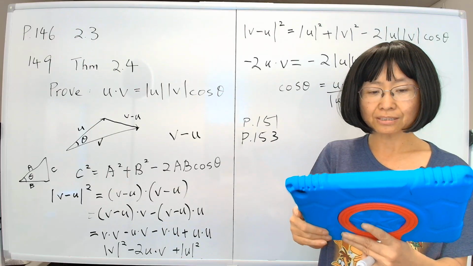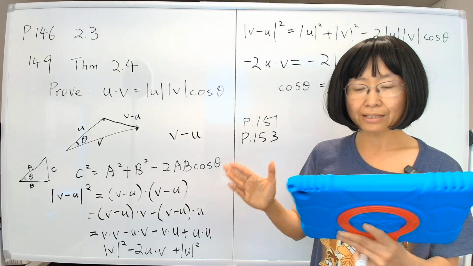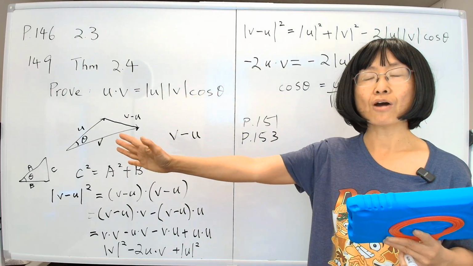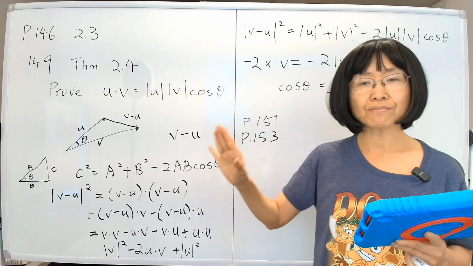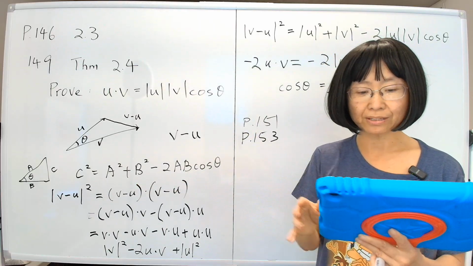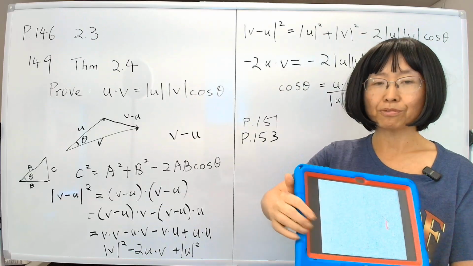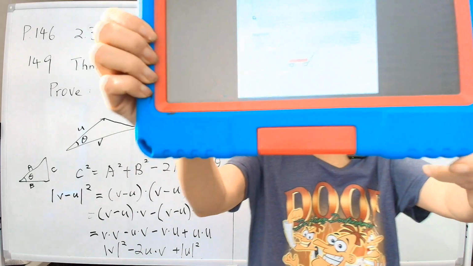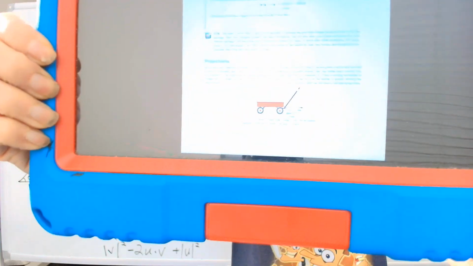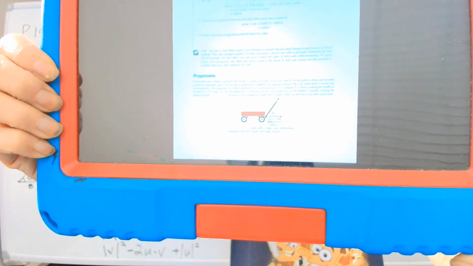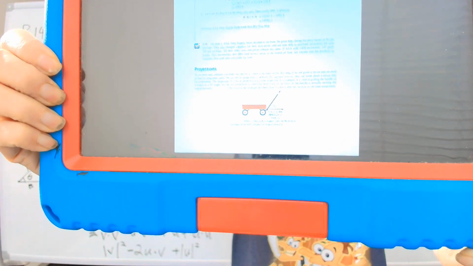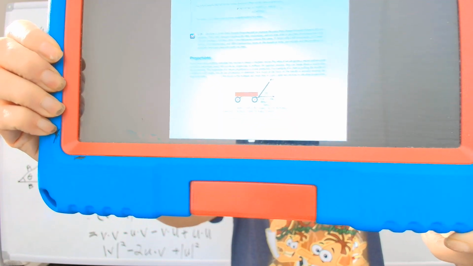The projection is one vector, or the component of one vector, in the direction of another vector. For example, if you're pulling a cart on a rope, the force is following the rope, but the question is which part of that force is going forward.